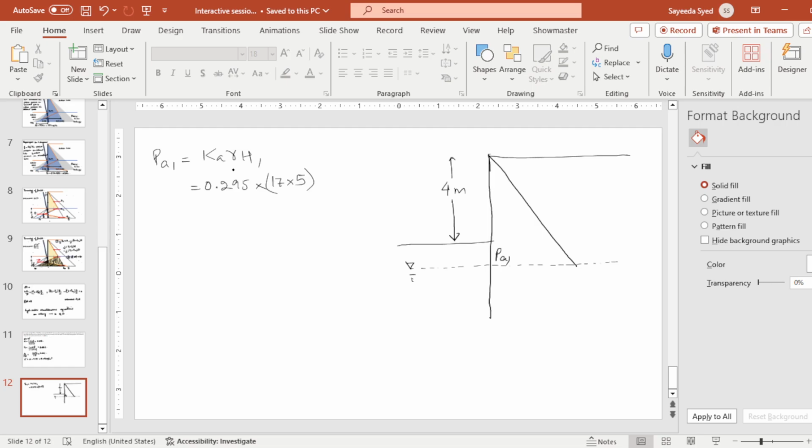Ka gamma H. This will come out to be 25.1 kilonewton per meter square. Let me write it here. 25.1.